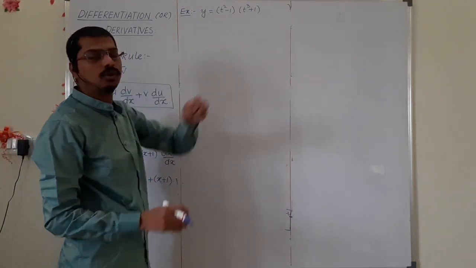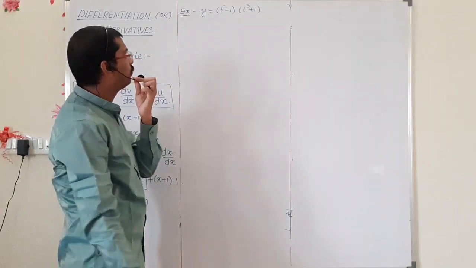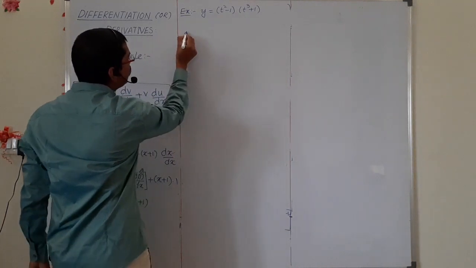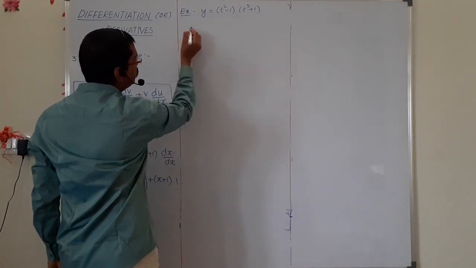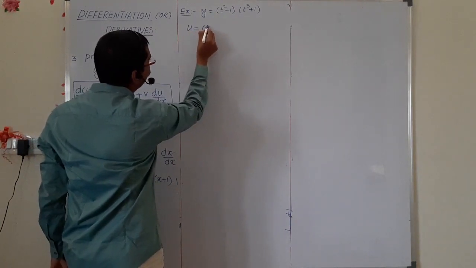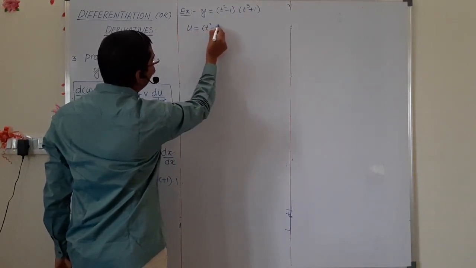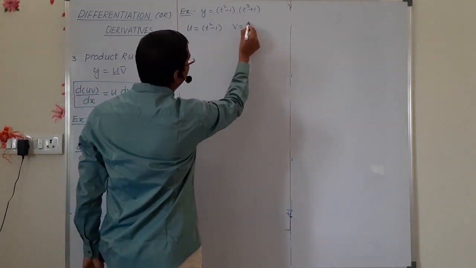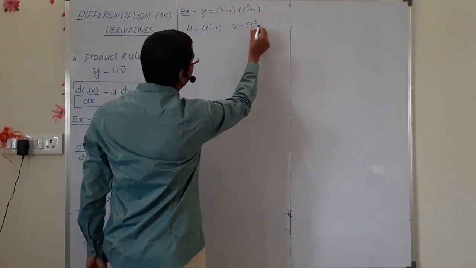Here we don't write dx. Why? Because y is a function of time, a function of t. Now I am writing, considering u equals t minus 1 and v equals t cube plus 1.